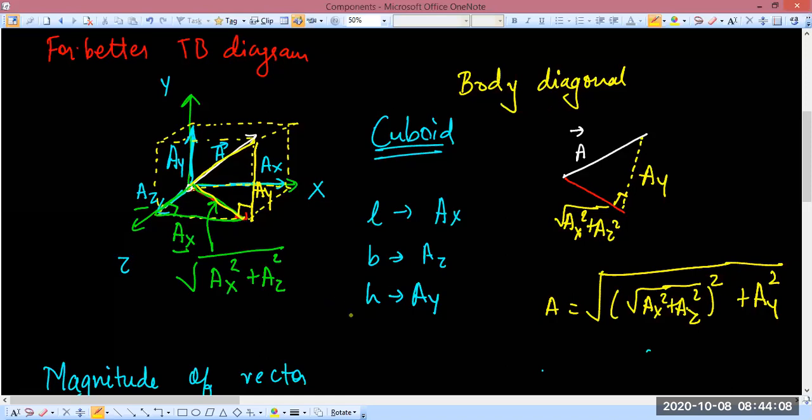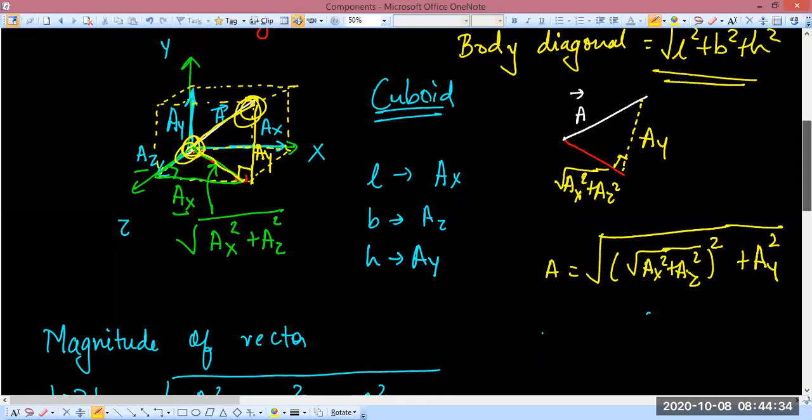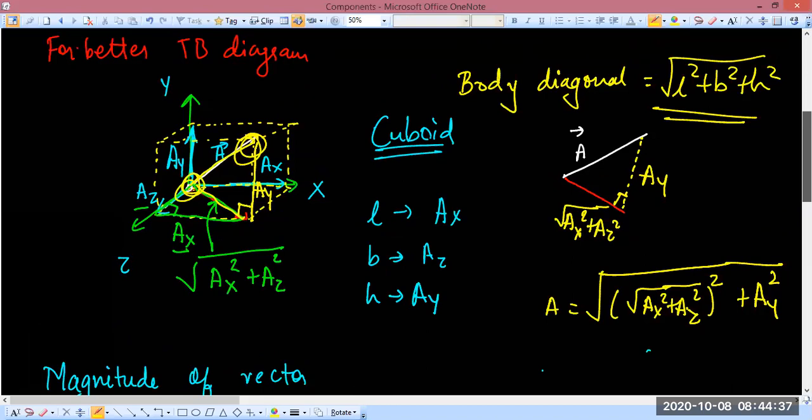Going from the bottom on the left side to the top on the right side at the back. So this has length square root of L square plus B square plus H square. Do you know this? So this is the same, I hope you see. L is like AX, B is like AZ, and H is like AY.